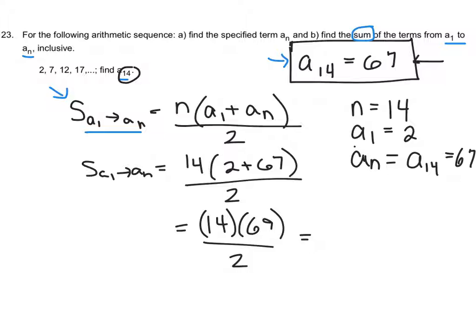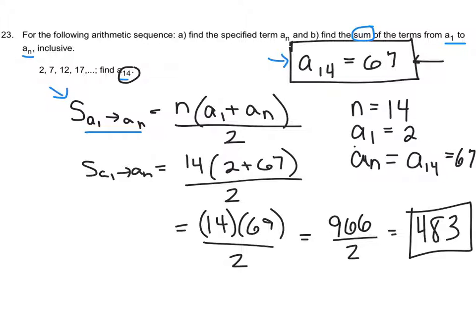And then 14 times 69 is 966. And finally, 966 divided by 2 gives us a value of 483. So this means that if we added up all of the terms from the first term to the 14th term, that value, or the sum, would be 483.